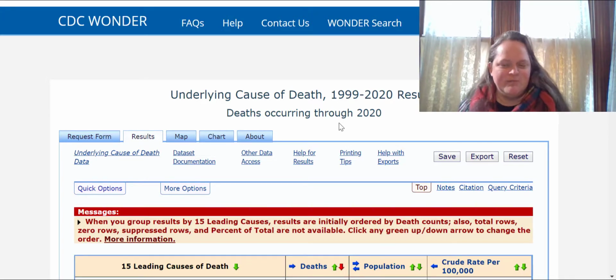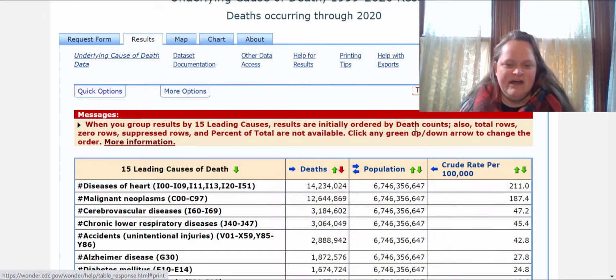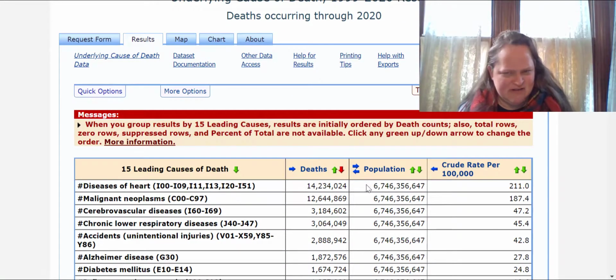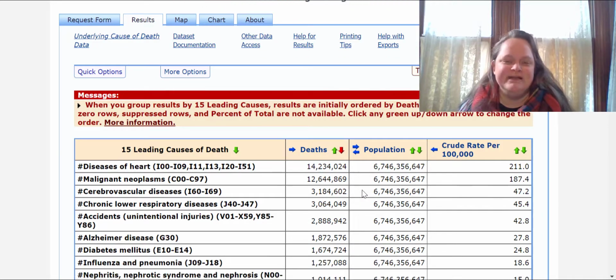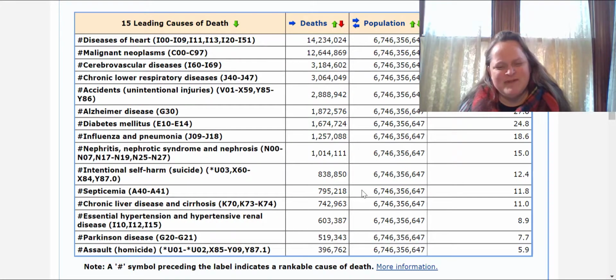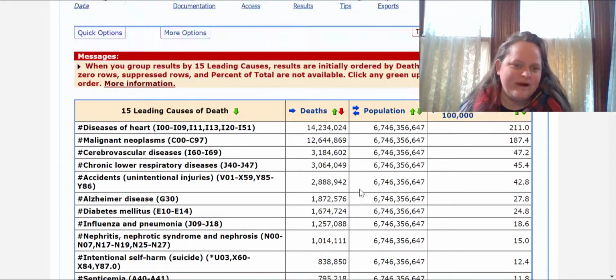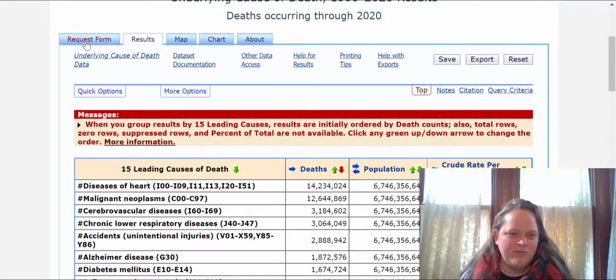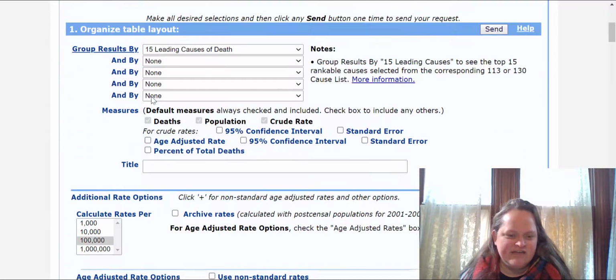And then if you count it up, it's 22 years worth of deaths. If you look at the population and the crude rate, population 6.7 billion people. Yeah, so we're counting the people over multiple years. So what if I just wanted the top 15 causes of deaths for 2020? So let's go back to our request form, and we're going to just get 2020.